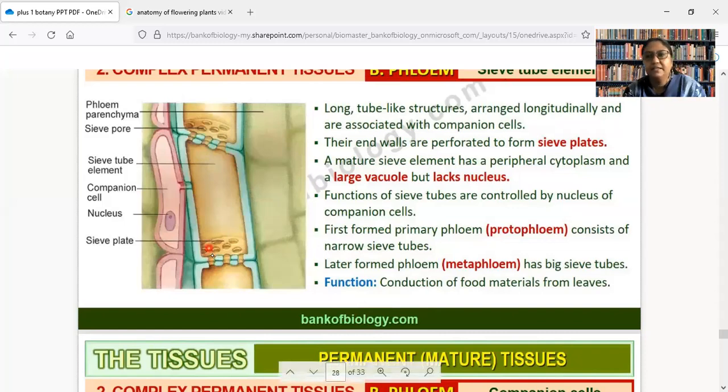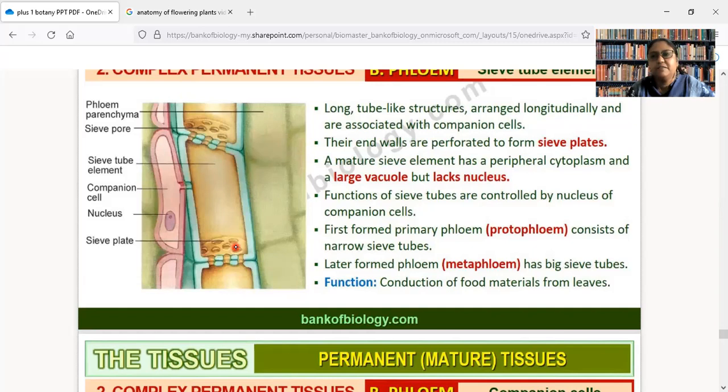Another thing I wish to mention here: many a time during the winter season, availability of water is less, and during transportation of carbohydrate, there is deposition of callose in those sieve pores.